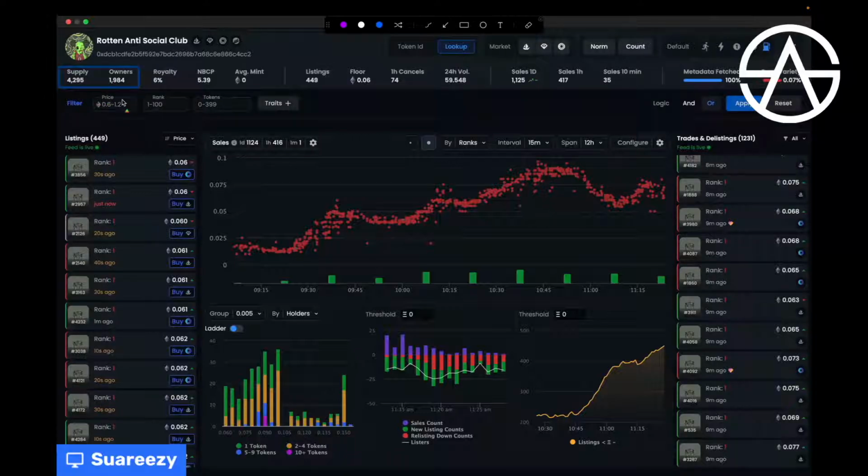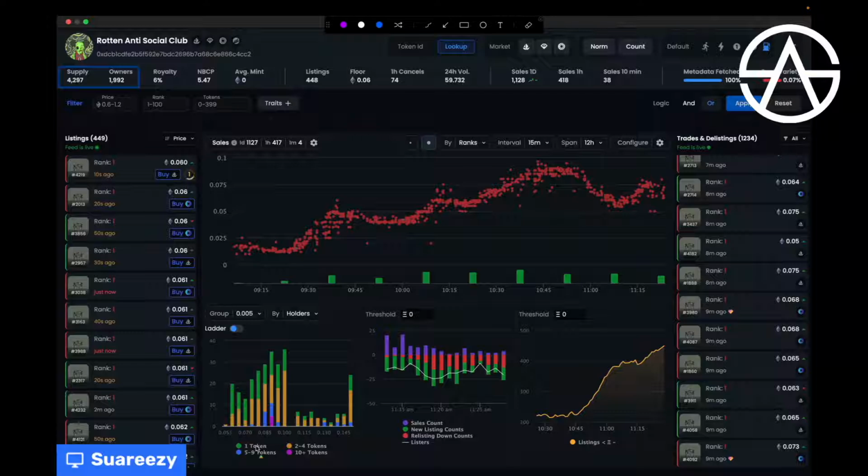That's just a personal preference. Not saying this is how you have to do it, but this is what I do. I like to see this percentage over 50%, because whenever there's a higher owners to supply, it means that ideally each owner has less of each asset that's in circulation.